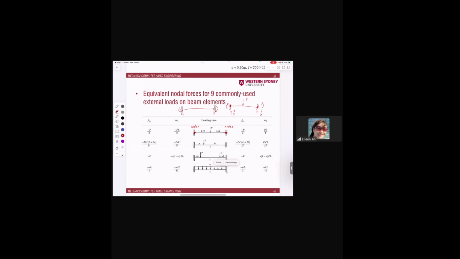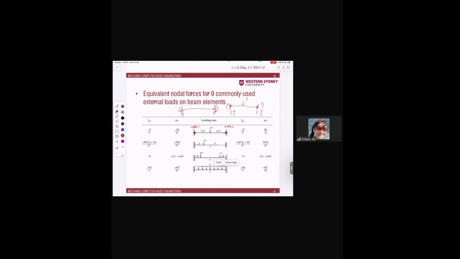Here are the tables that can help us to convert the different loading cases to the equivalent node force.